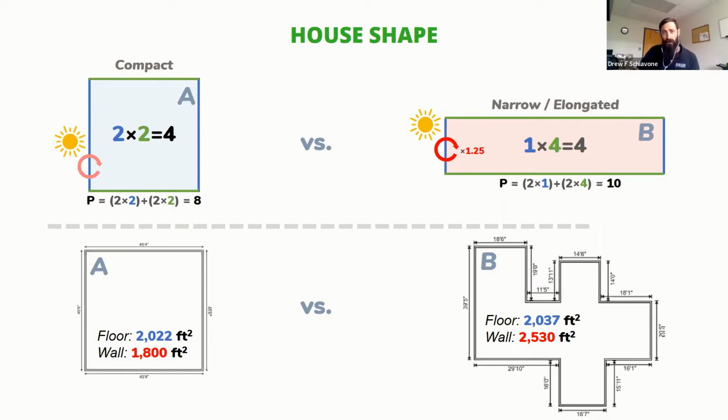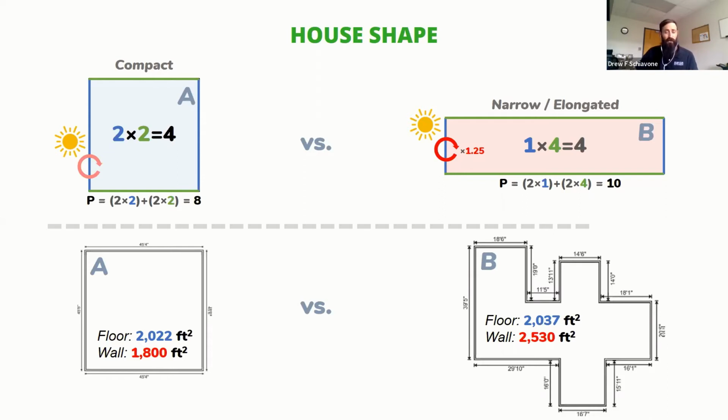But option B on the top has more wall perimeter space. So not only is it using more building supplies perhaps, but it also allows more heat transfer to occur because it has 1.25 times the wall space. It has more than a quarter more wall space for heat to be lost. So you typically want to stick with those more consolidated, compact designs.